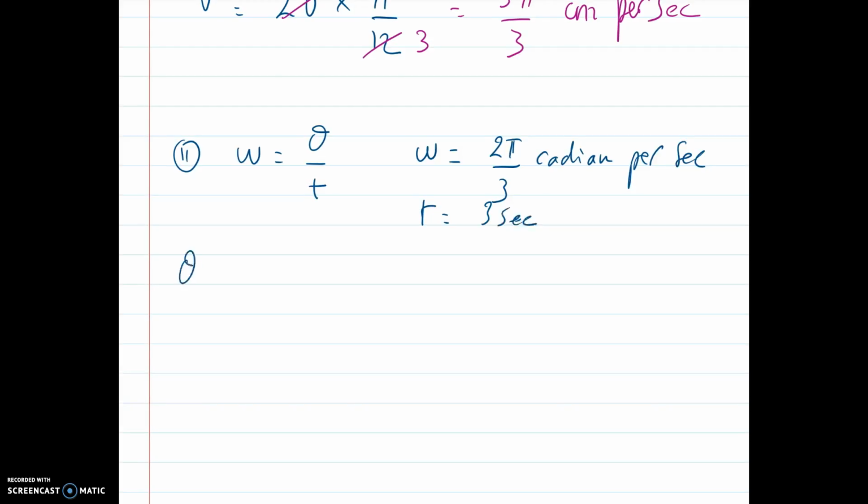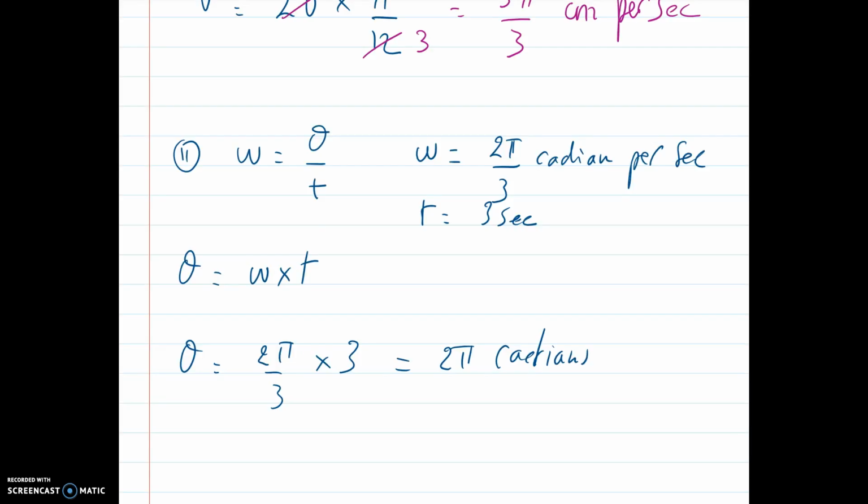So the missing variable is theta. To have theta, I need to multiply by t both sides. So theta equals 2 pi over 3 multiplied by 3, which is 2 pi radian.